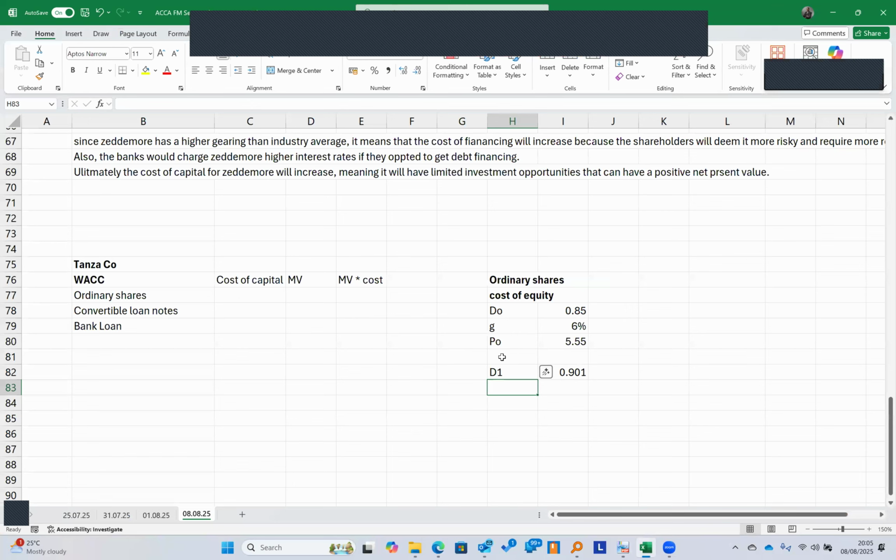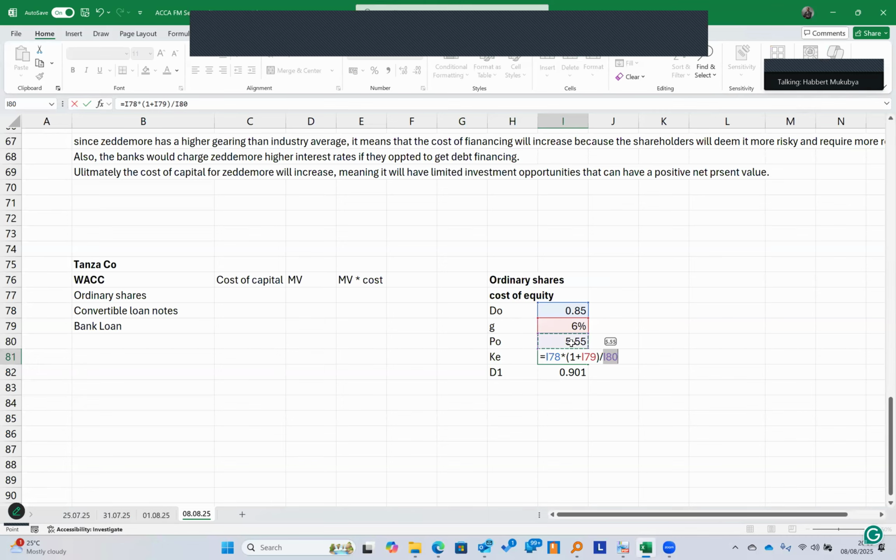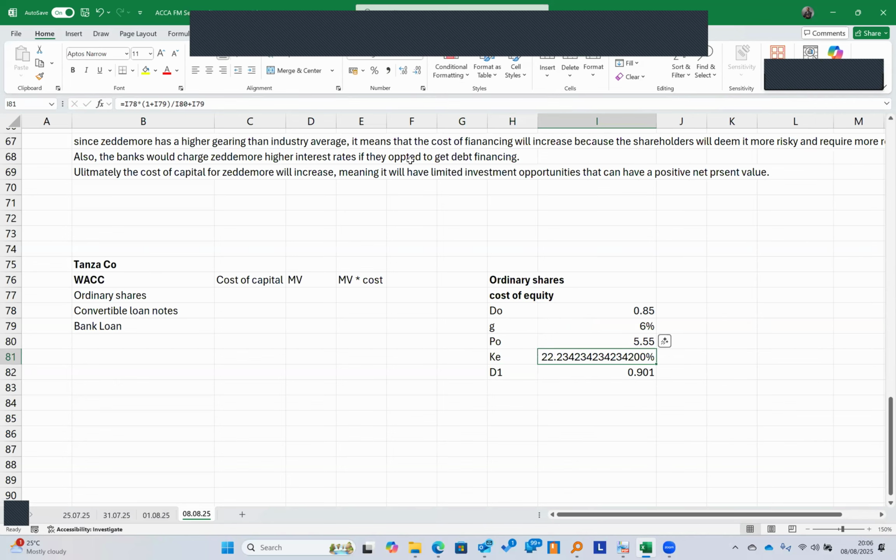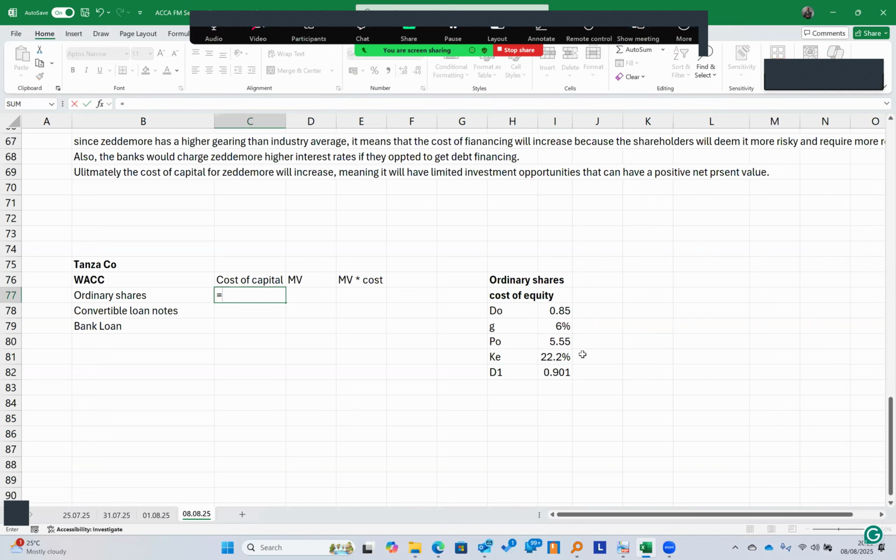So here we are going to use D naught multiplied by 1 plus G, divided by the market value, then plus G. So that gives us about 22.2%. That's what goes there.